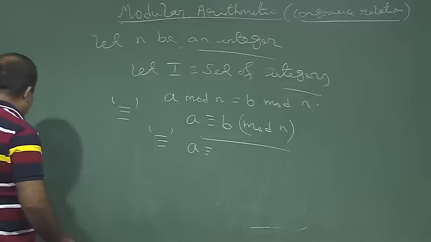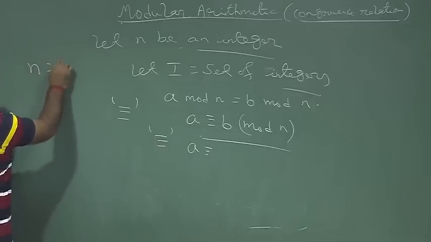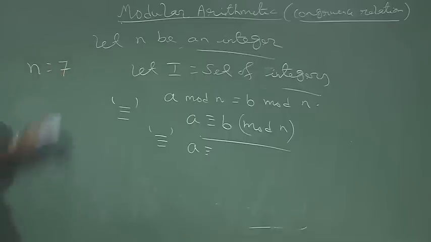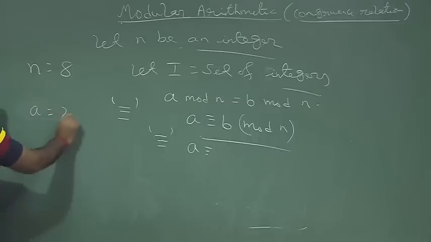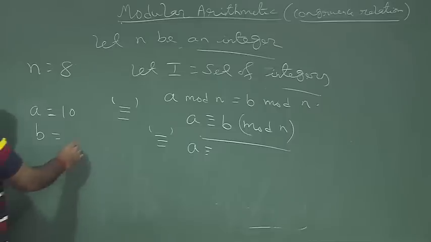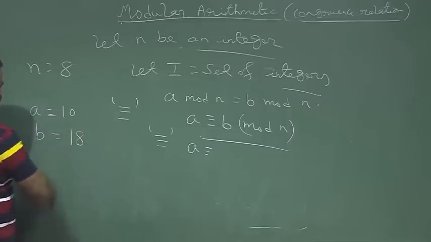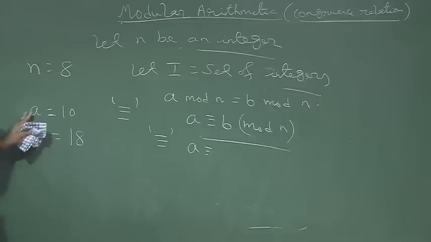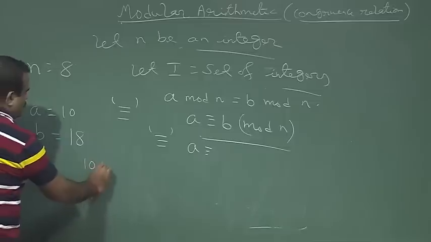So, for example, say n is equal to 8. Now, if we take a is equal to 10, and b is equal to 18, then what is 10 mod 8?